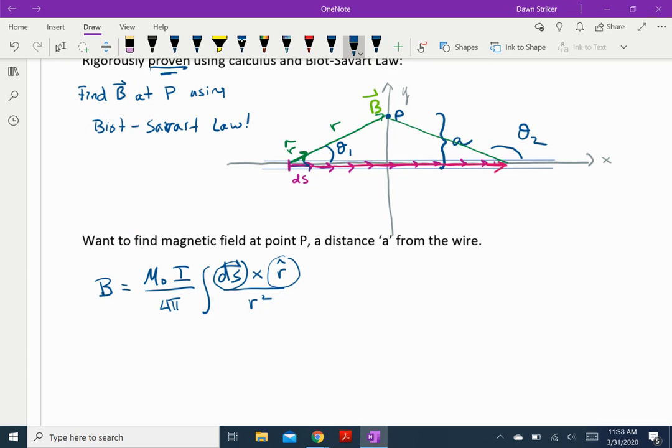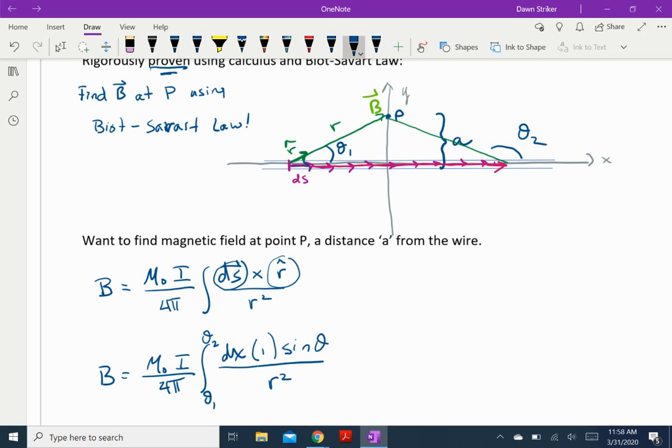And I'm going to write this using the magnitude formula, the magnitude of the cross product. But I have to think about the direction of the magnetic field. So let's write this using the sine. Mu sub 0 I divided by 4 pi, integral from theta 1 to theta 2. ds is really dx. r hat is really 1. I need the sine of theta divided by r squared. So already it's looking a little bit better, but I do need to think about the direction, because when I take away this cross product, I'm taking away information about the direction.